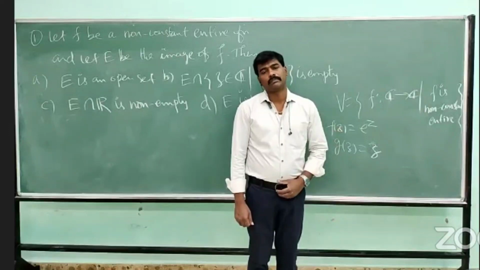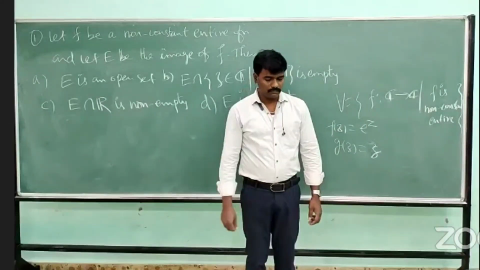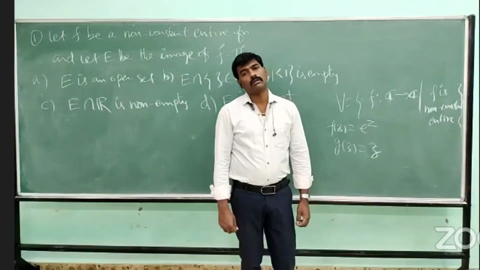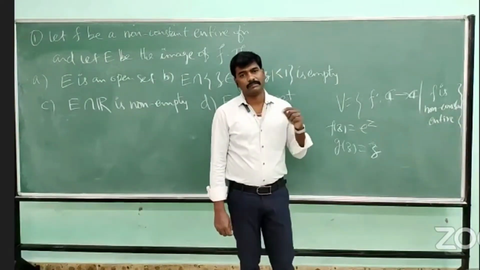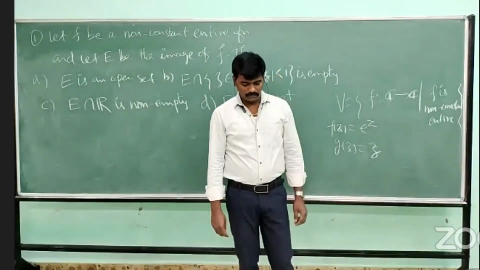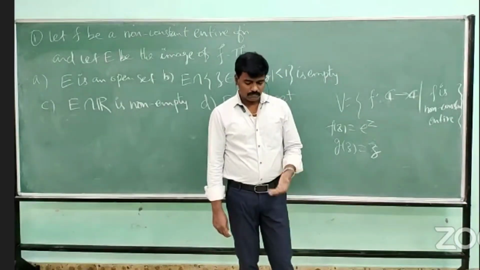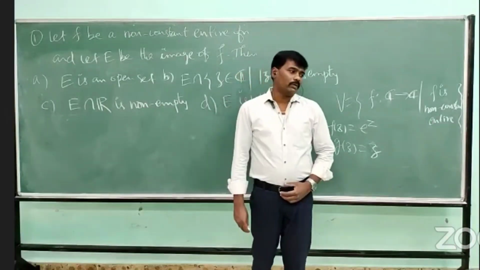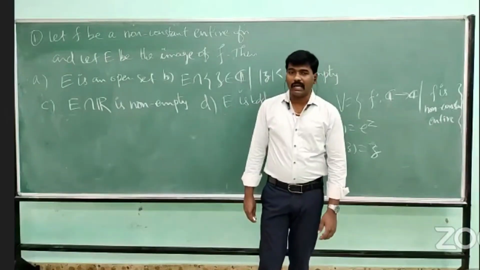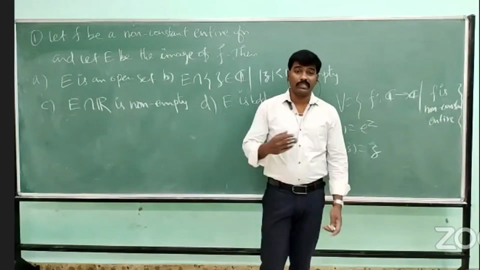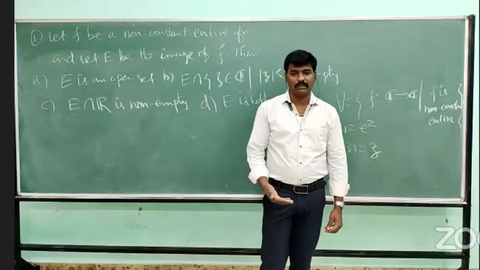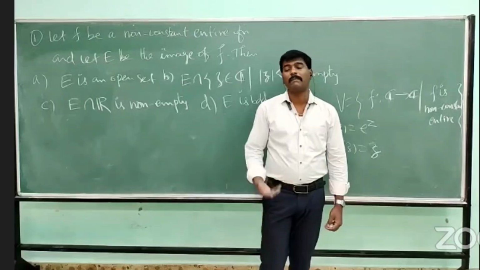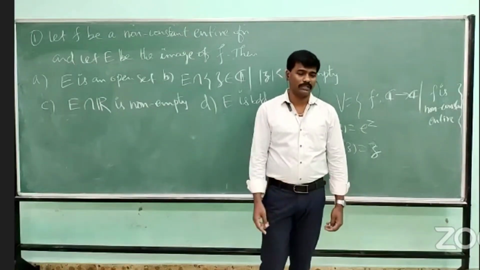So that's a response. The image is the whole complex plane or the complex plane minus a singleton element a. This is the response in the chat box. What is the response, madam? Once more, please. The image is the whole complex plane or the complex plane minus a single element a. Oh, very good. Somebody said the answer: the image of an entire function is always the whole of C or omits at most one point.